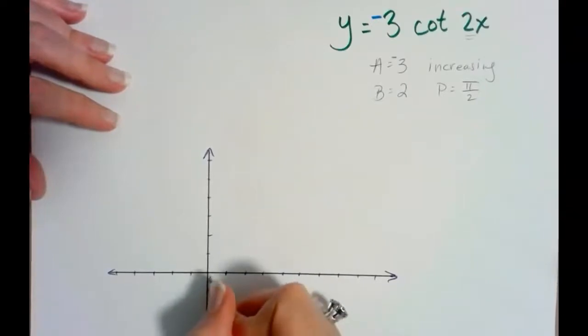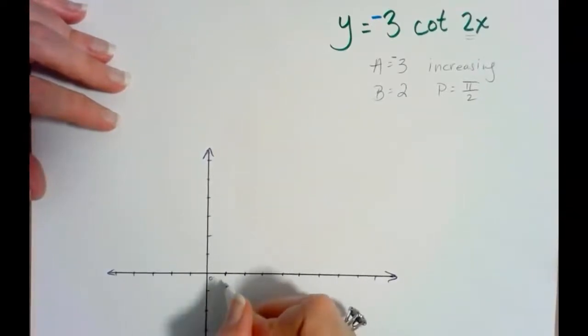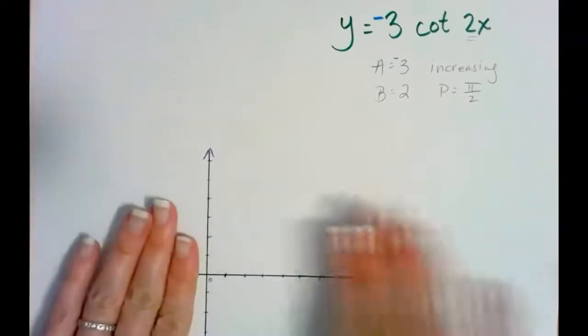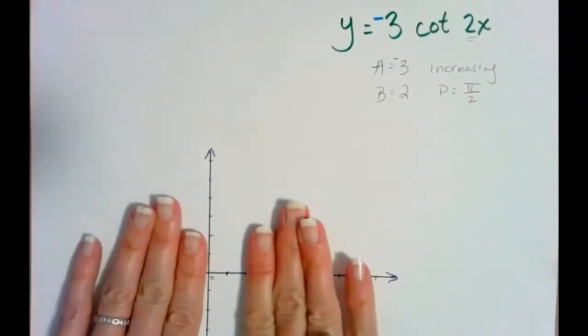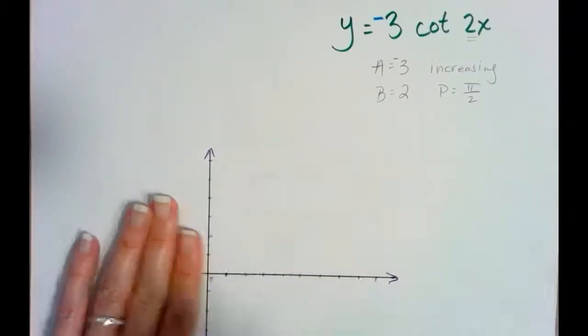But let's think about this. If we have 0 here, if we just go up by pi over 4, that is going to give us a very tiny space to draw in that branch.